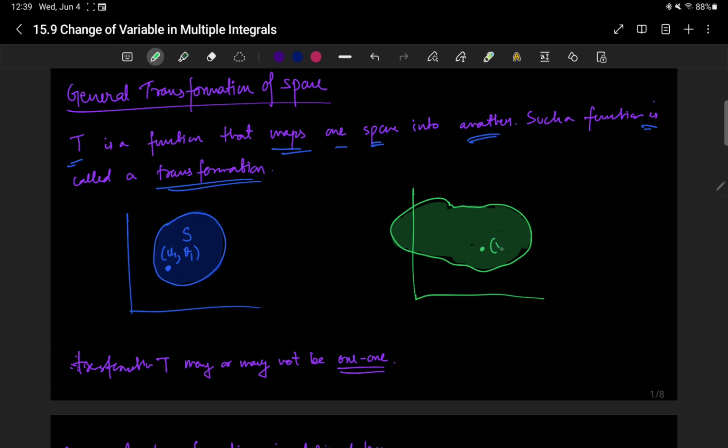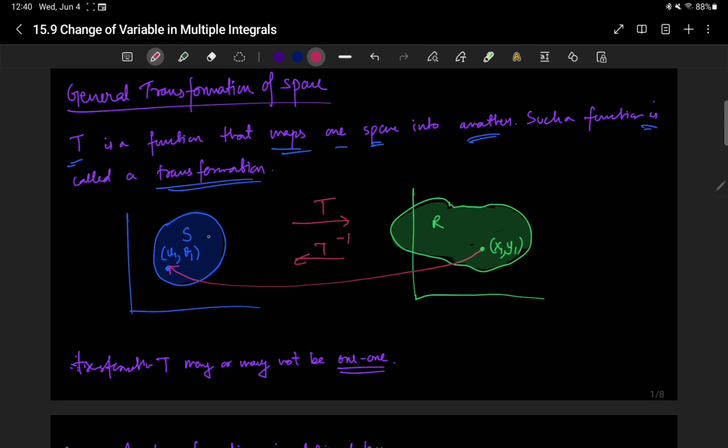And suppose here is x1, y1, then an example of a transformation will map this point to u1, v1, and vice versa. So this would be a forward transformation, and this would be the inverse of the transformation.